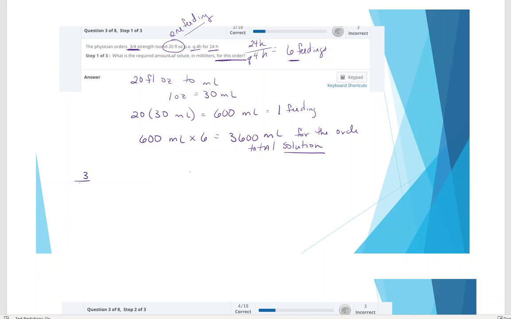So I'm going to take my 3/4 times my total solution of 3,600, and I'm going to end up with 2,700 milliliters of solute for the order. So that's for the 24-hour period. So 2,700 milliliters.